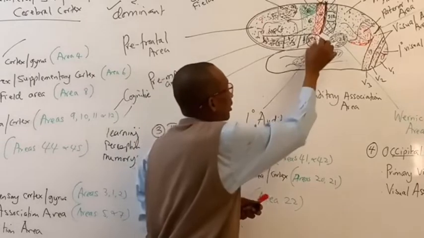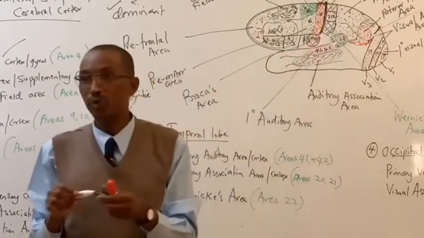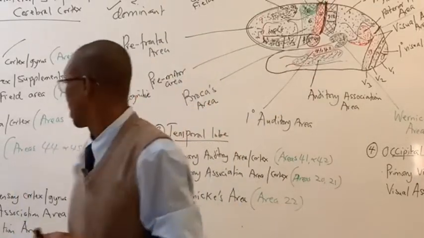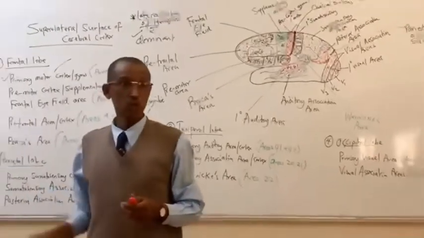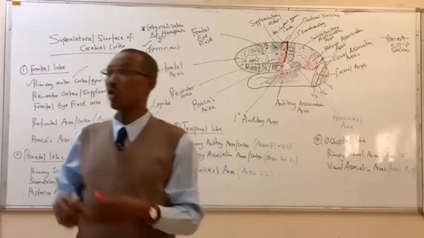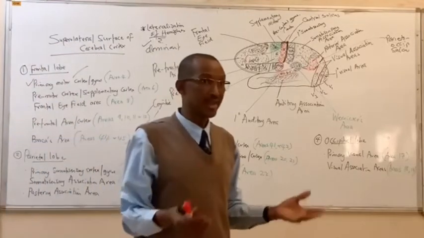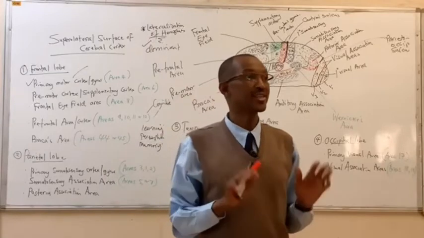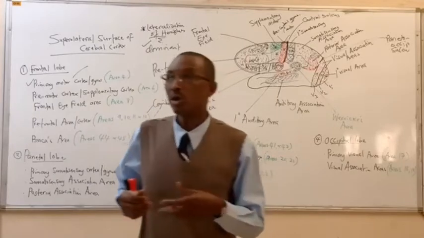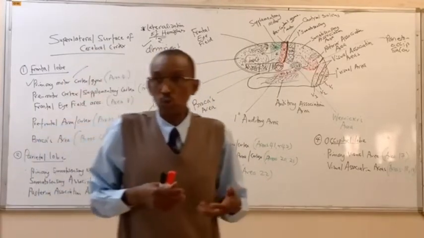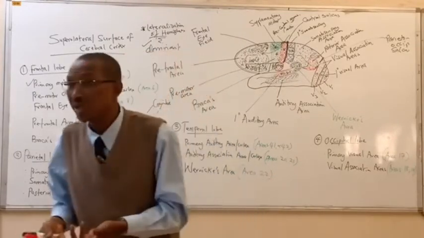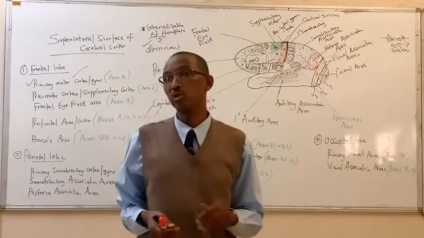So in the posterior 1/3 of the inferior frontal gyrus, we have one important area we call Broca's area of speech. This Broca's area of speech is what we call the motor speech area. And this area is responsible for the production of speech. Now I'm able to speak to you guys because my motor speech area is intact. It's responsible for allowing our voice apparatus to make some movement for me to be able to produce sound or voice for you to be able to hear that.